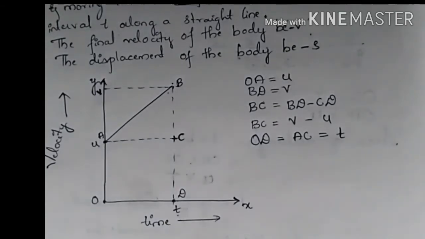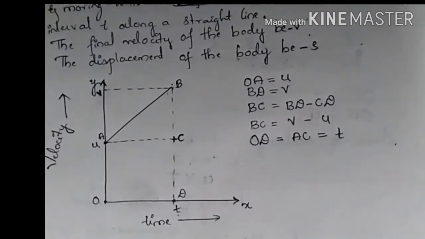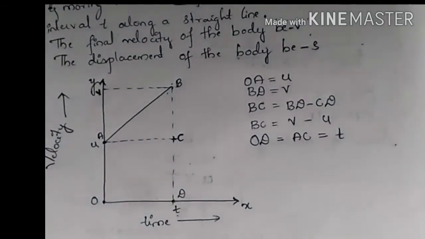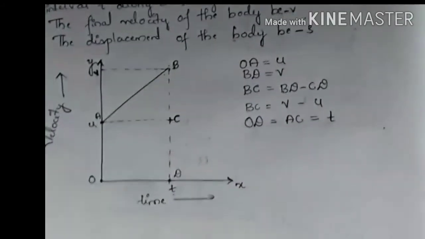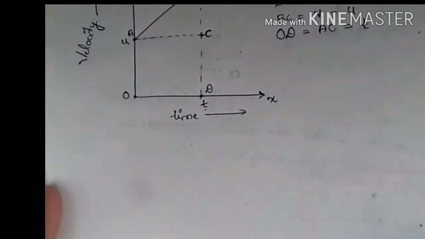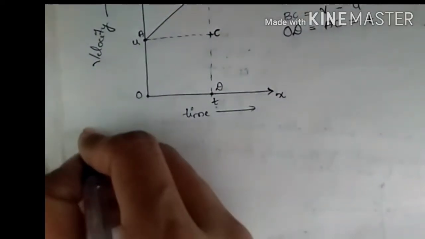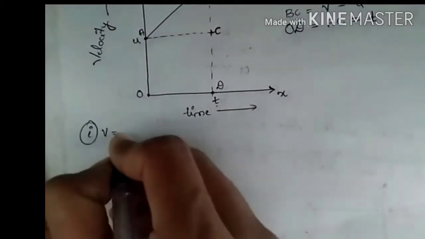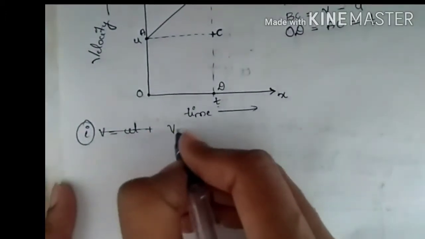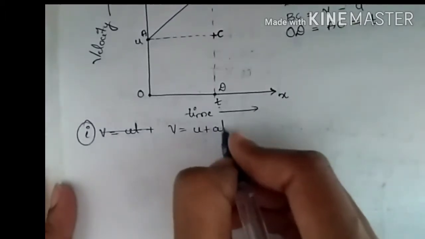There are basically three important equations of motion. Let us try to solve them one by one. So the first equation is v equals u plus at.